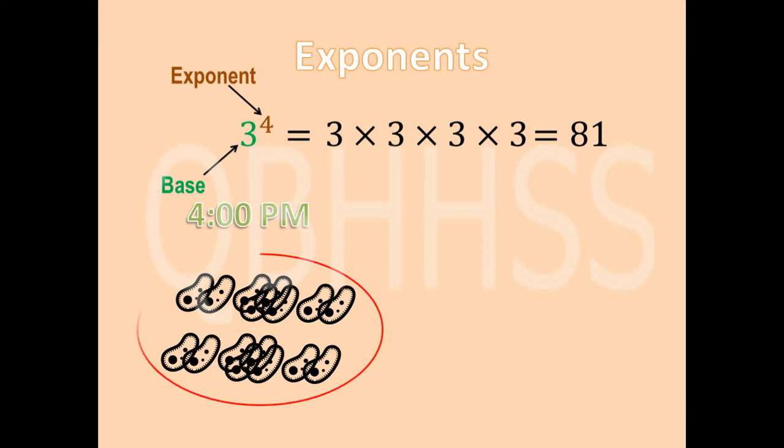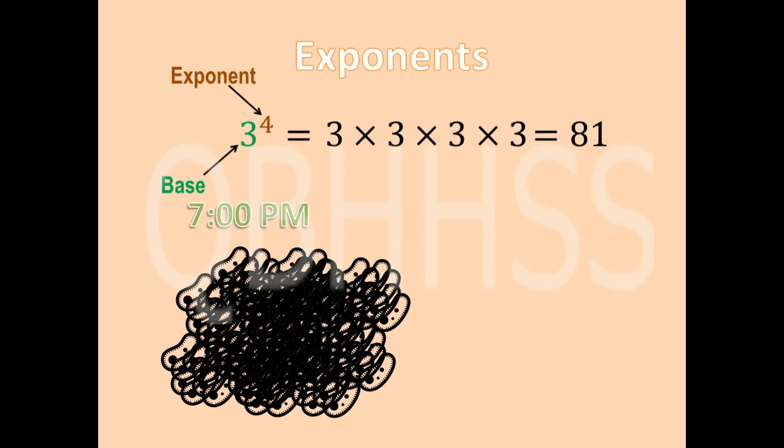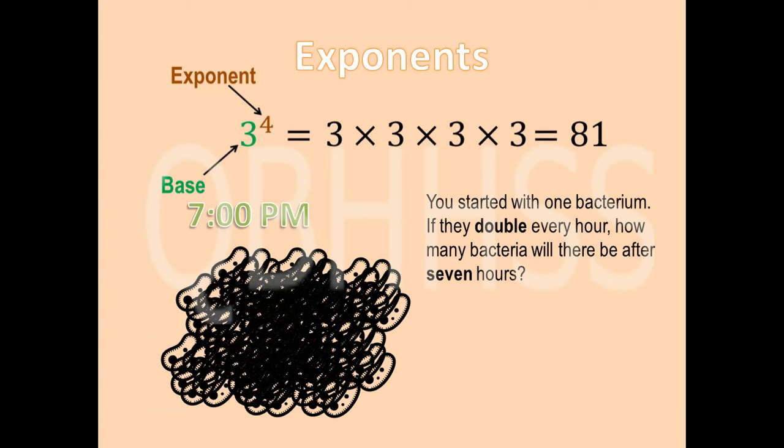Here is 5 p.m., 6 p.m., and 7 p.m. So how many bacteria do you have at 7 p.m., after they have been doubling for 7 hours? After 7 hours, there are 2 to the 7, or 128 bacteria.